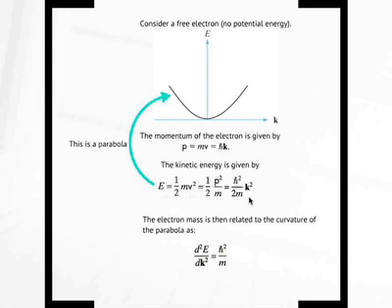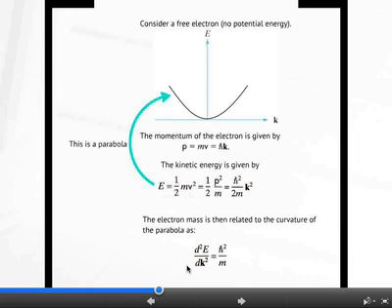You can take dy over dx, which is 2ax, and the second derivative is 2a. So the constant of the parabola times 2 is just the second derivative. This turns out to be very important, so keep that in mind. We'll come back to that in a second.